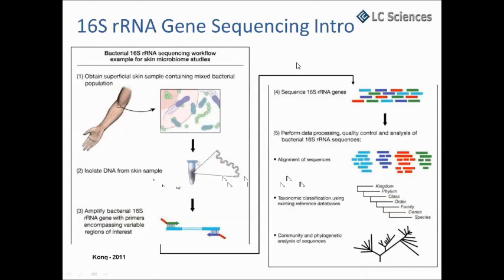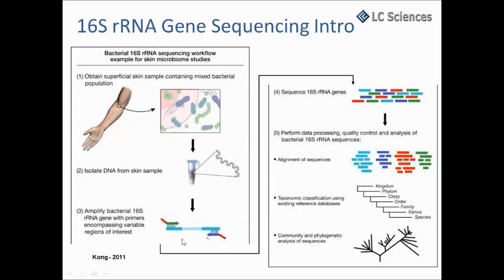So here is a flowchart for this 16S rRNA sequencing. We go like this. First we harvest the bacterial population from the skin, for example. We extract the DNA from the skin sample, and then simply use a one-step PCR.